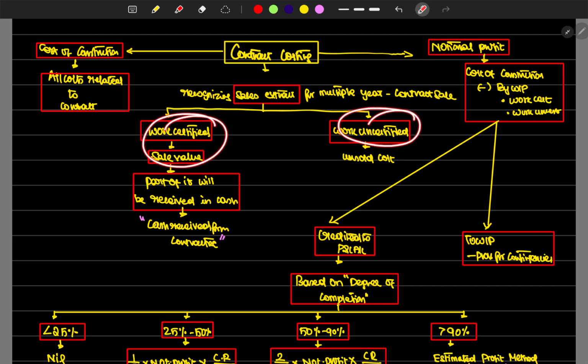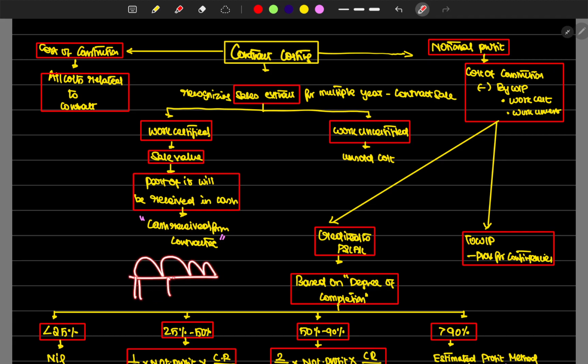And there is also work uncertified. The surveyor is a very strict party. Whatever he sees, he wants everything in a complete manner. Say L&T is constructing a bridge. L&T has done the beam works, and L&T has put the track.